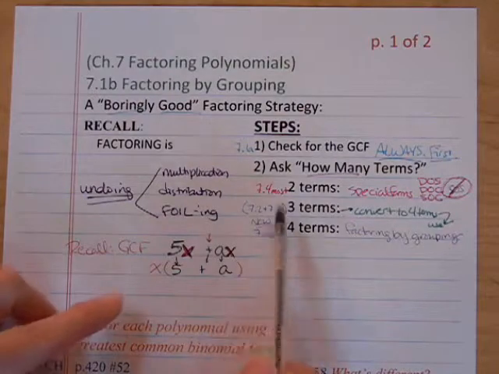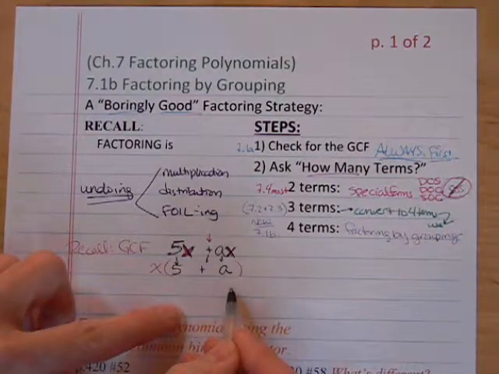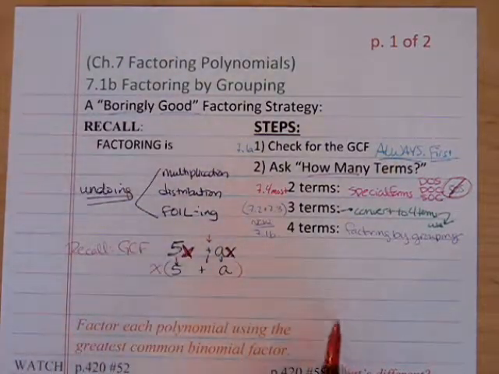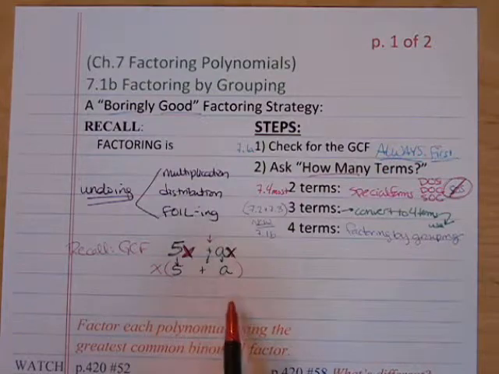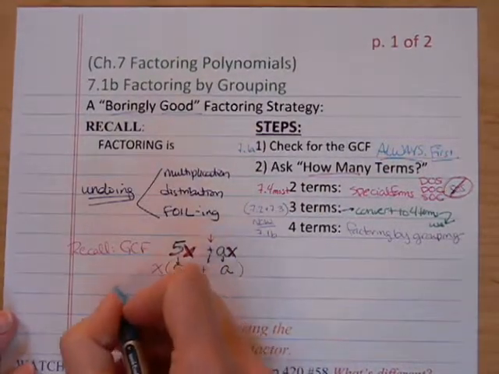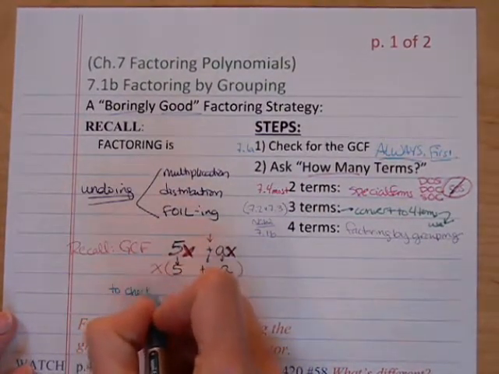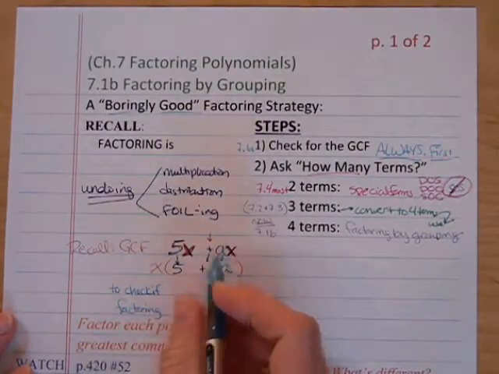At this point, all we've done is pull out the GCF, and we haven't looked to see if anything goes further, or applied the special forms. Again, we haven't looked to see how to factor any further yet. And of course, to check if you factored right, you would just redistribute or multiply that.